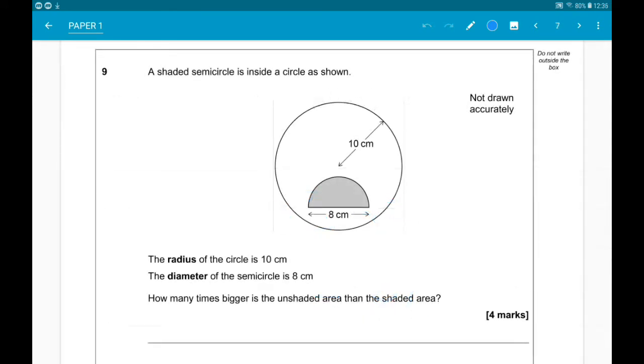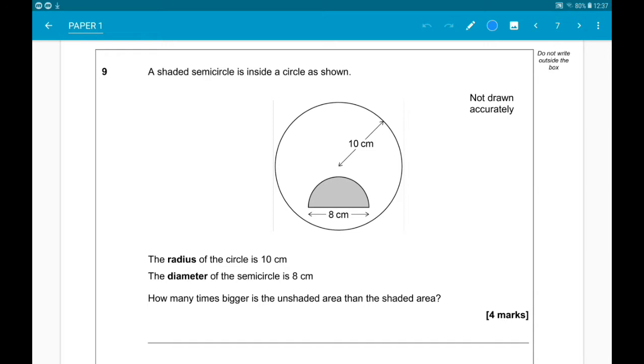Okay, number 9, quite a fun one. So we have a shaded semicircle inside of a circle. The radius of the circle is 10 centimeters. The diameter of the semicircle is 8 centimeters. We are asked how many times bigger is the unshaded area than the shaded area.